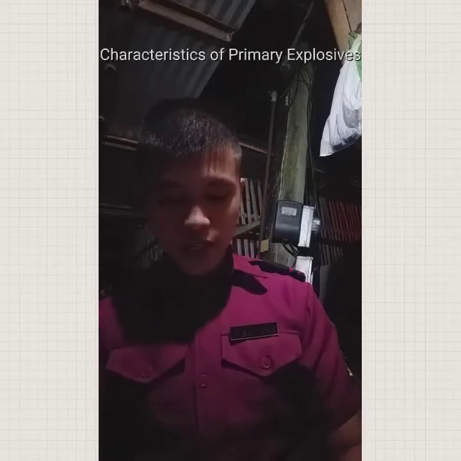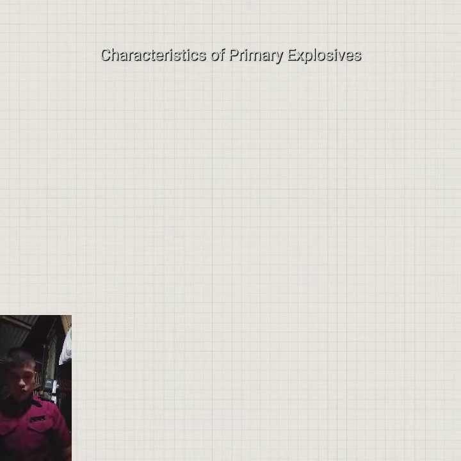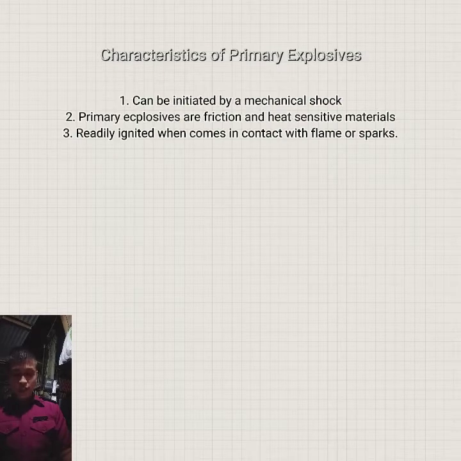These are the characteristics of primary explosives. The first is that they can be initiated by mechanical shock. Number 2, primary explosives are friction and heat sensitive materials. Number 3, they are readily ignited when they come in contact with flame or sparks.